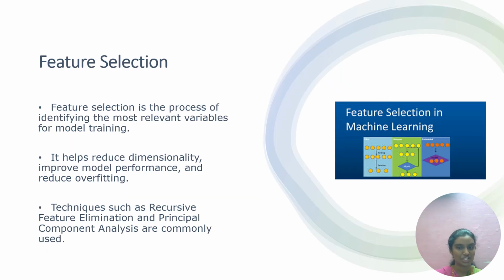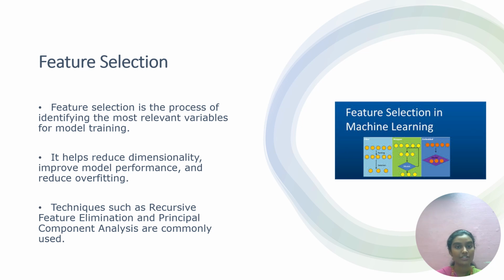Feature selection. Feature selection is the process of identifying the most relevant variables for model training. In order to get a successful model, getting the most apt variables is the most necessary step. It also helps in reducing dimensionality, which improves model performance and reduces overfitting.